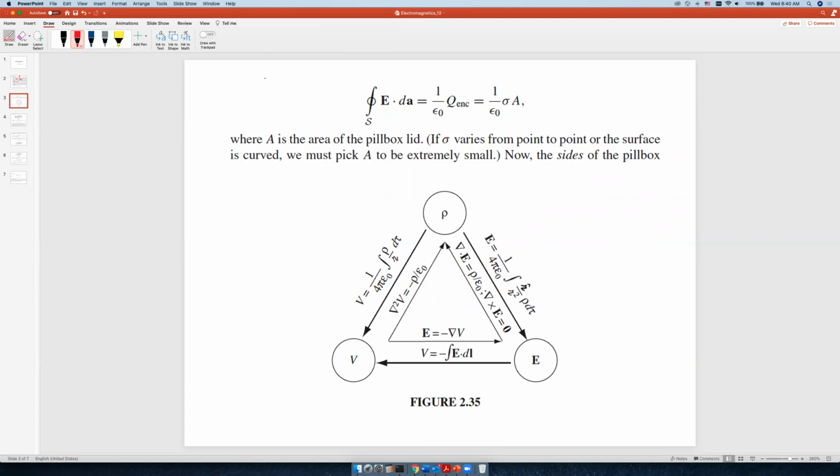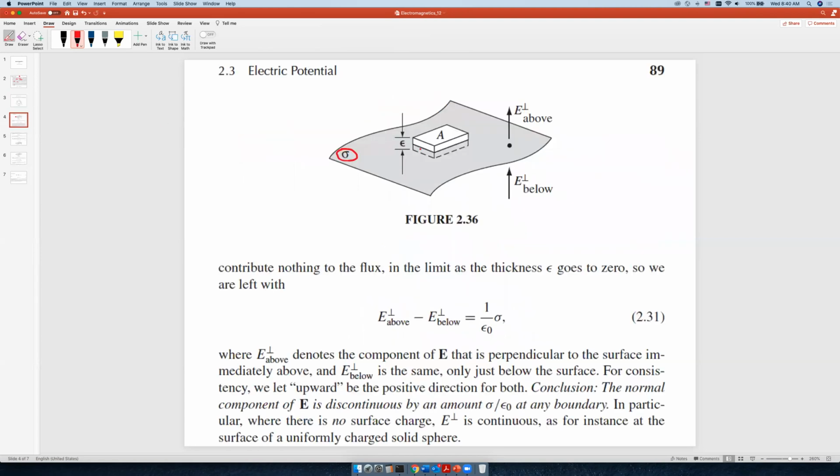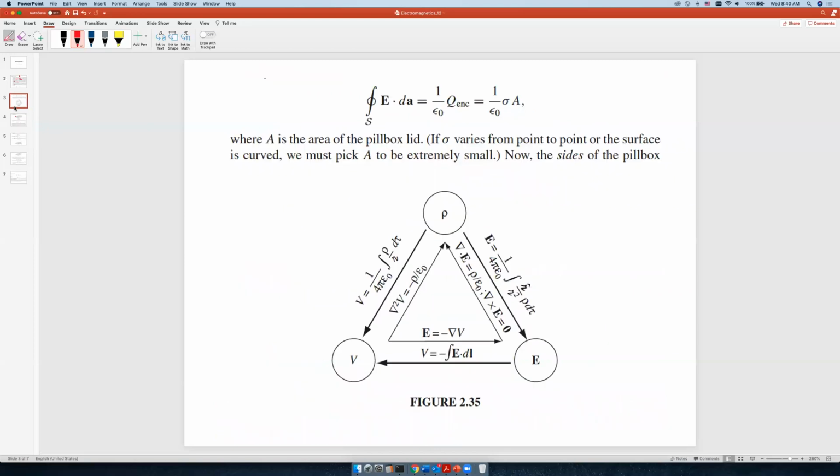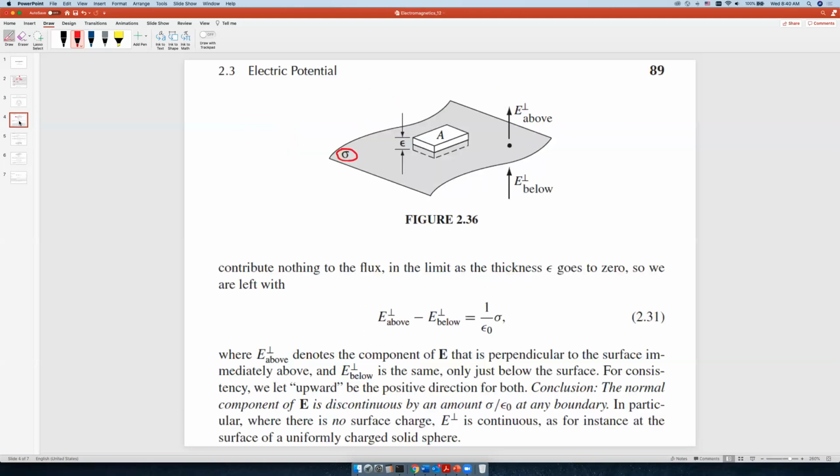Then sigma indicates the charge density just at this pillbox location. And the sides of the pillbox contribute nothing to the flux. For example, this side and this side don't contribute anything to the flux.